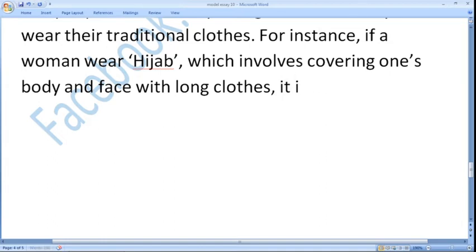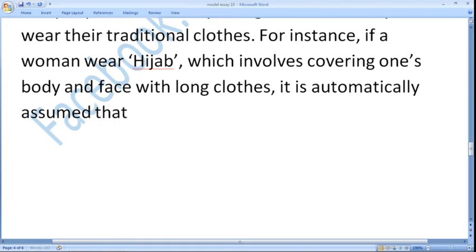For instance, if a woman wears hijab, it is automatically assumed. I am using here what is called hedging to make it less general. It is automatically assumed that, instead of saying it is assumed that, which would be more general.